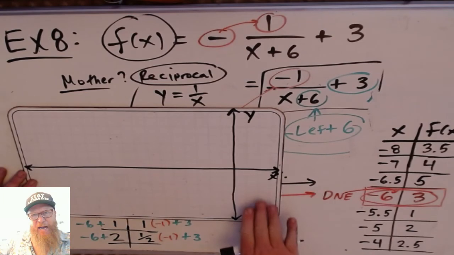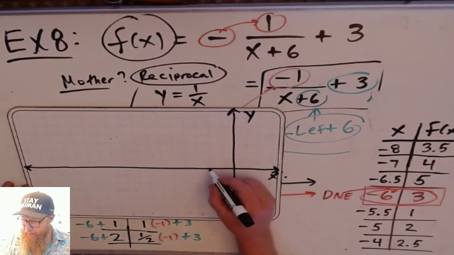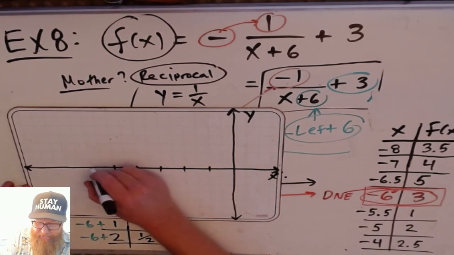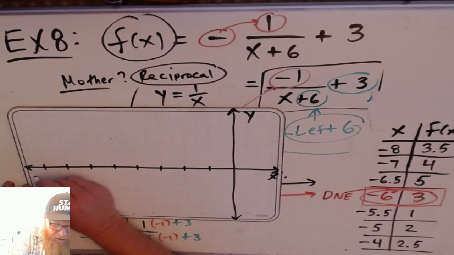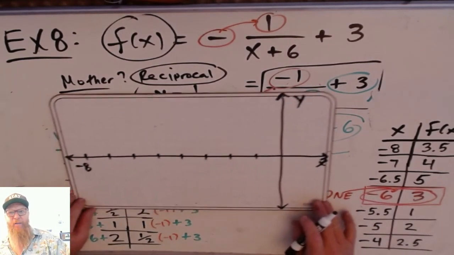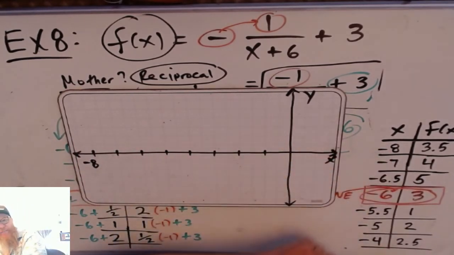So this whole side will be blank. I probably could have scooted it over more, but I'm not going to. Let's see, 1, 2, 3, 4, 5, 6, 7, 8. Good, I fit it. -8, nice. I was trying to fit it all on there. I really want to exaggerate my scale because I have decimals here.